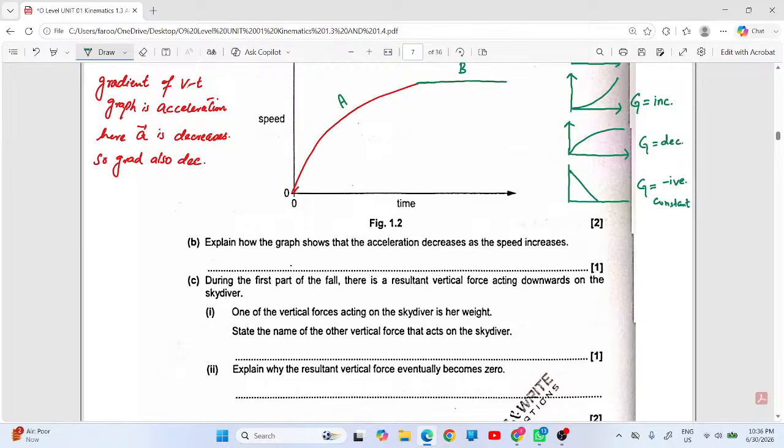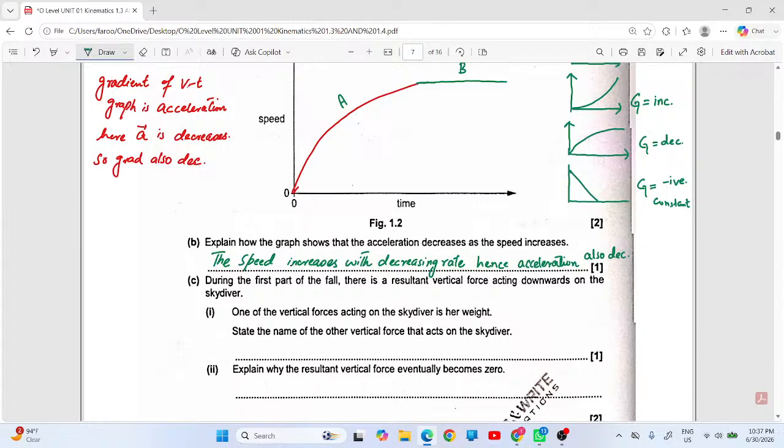Sir, the gradient decreases slowly. हम कह सकते हैं the speed increases with decreasing rate, है ना? यहाँ पे हम लिखते हैं the speed increases with slow rate या decreasing rate, hence acceleration also decreases.